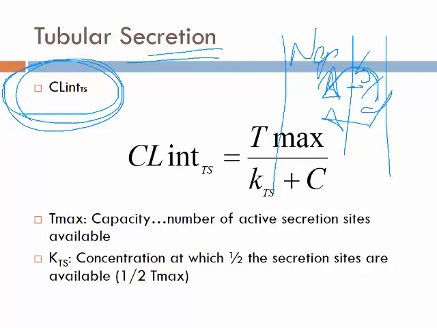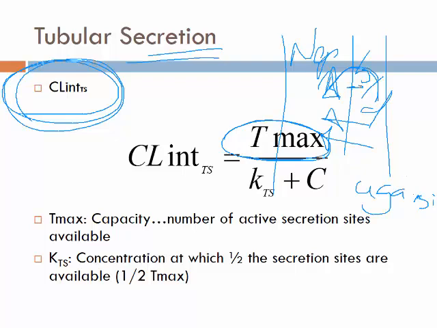And this is against a concentration gradient, so it can't just be passive diffusion. We need energy, and we need transporters. So in order for the drug to move from the blood to the nephron, it has to be utilizing a transporter. So Tmax in this case is the same thing as Vmax, right? Or N total.